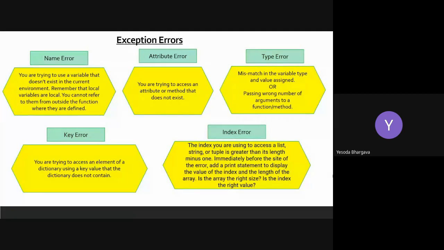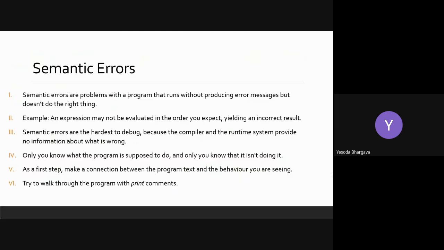And these kinds of errors are very difficult to locate and diagnose, and they need a systematic approach. Tomorrow I will try to show you an example in Python of a semantic error. So a semantic error is generally a problem in which a program runs without producing any error, but it is not doing the right thing. A simple example could be that an expression may not be evaluated in the order you expect.